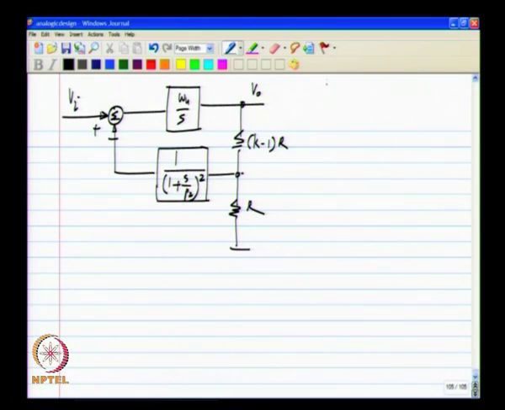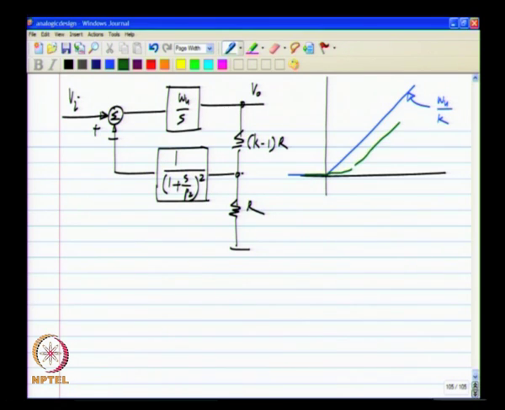So, what happens in this case is the step response without the parasitic pole of the loop gain will be a ramp whose slope is omega u by k, and with this parasitic delay it will initially do something, but finally settle to a ramp with the same slope and a delay of 2 over p 2.